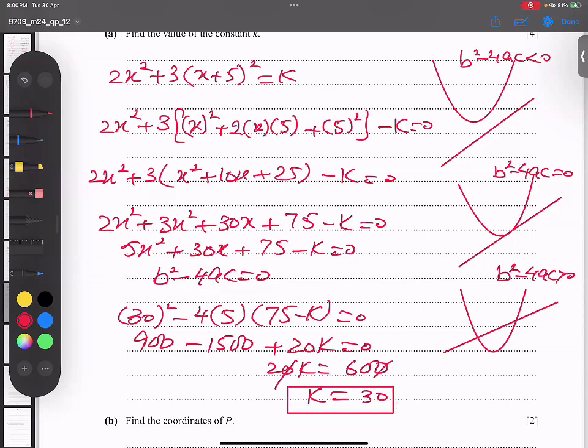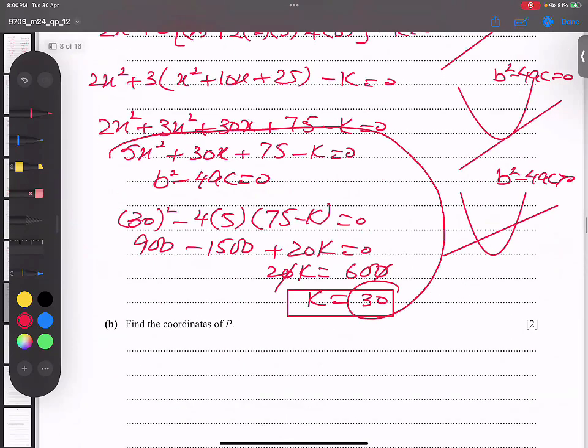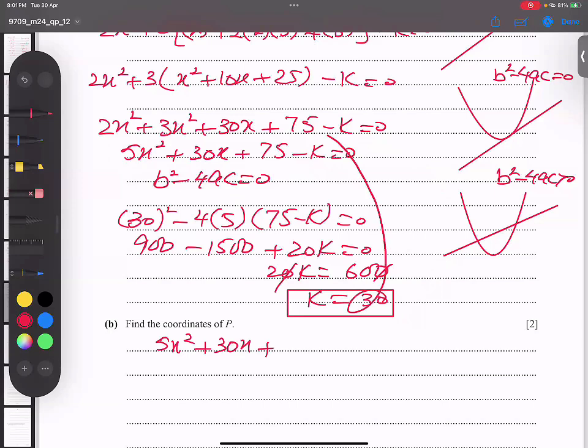And coordinate of P, and now how to get coordinate of P, this value K, you plug in from where you apply quadratic, the b squared minus 4ac formula. So 30 comes here. So 5x to power 2 plus 30x, and plus this goes there, so I got 45. Divided by 5 is not compulsory, it makes the question easier.